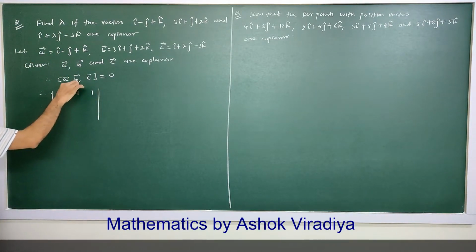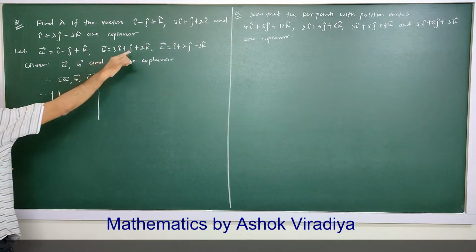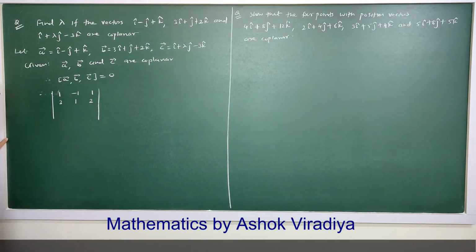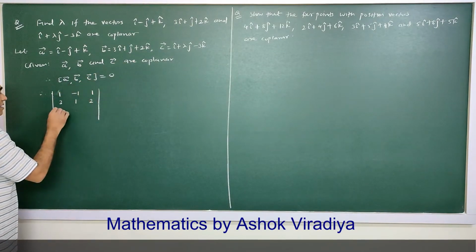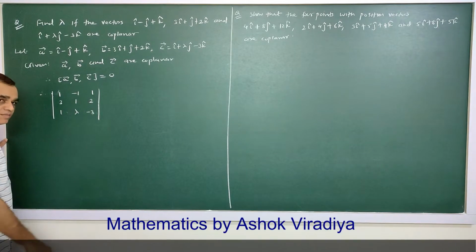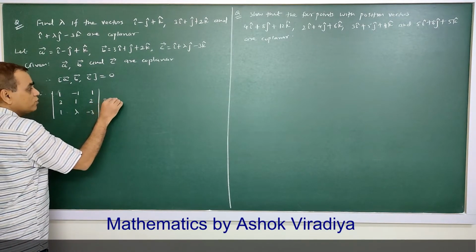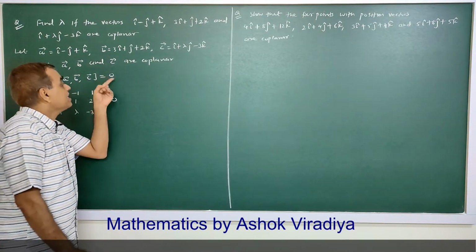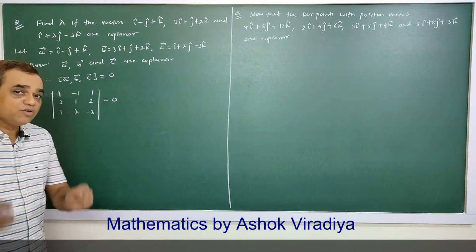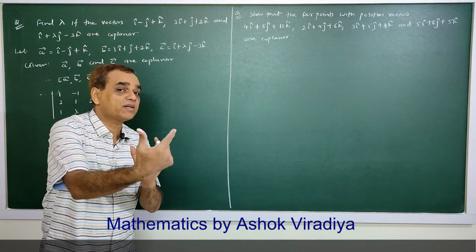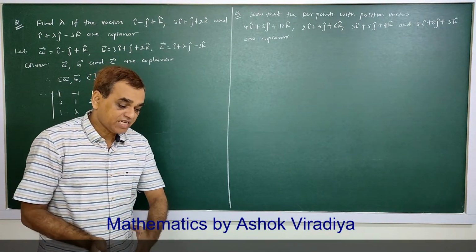Components of the second vector in the second row: 3, 1, 2. Components of the third vector: 1, lambda, minus 3. This is equal to 0. Given that vectors are coplanar, so take it equal to 0. If you are asked to prove that vectors are coplanar, then prove LHS equal to 0.